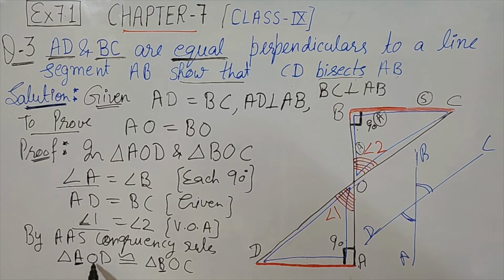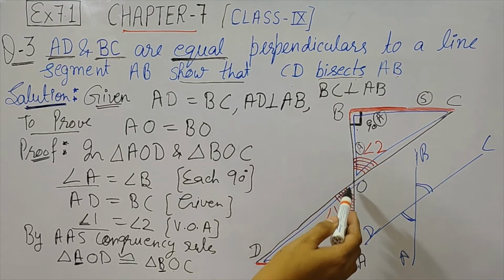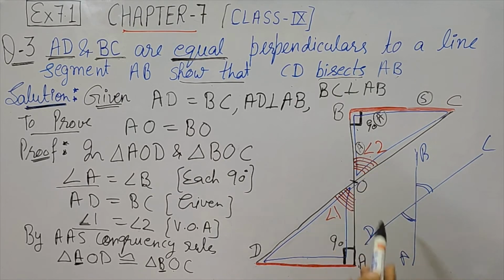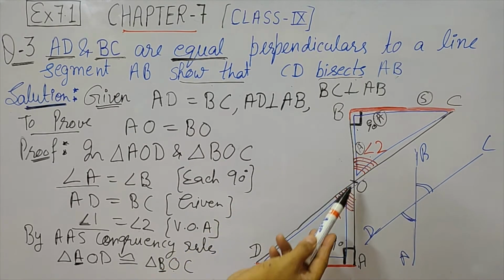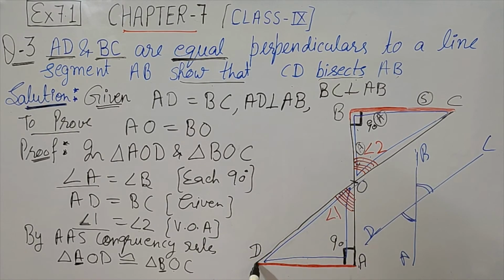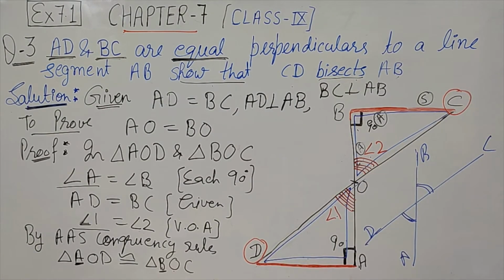Second, I have written O and here also O. So angle at point O and angle at point O are also equal. So A is corresponding to B, O is corresponding to O and clearly the third remaining point, D will be corresponding to point C. So always make a habit, try to write the name according to one-to-one correspondence.